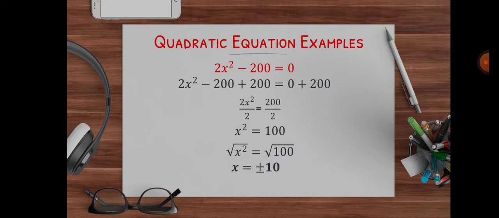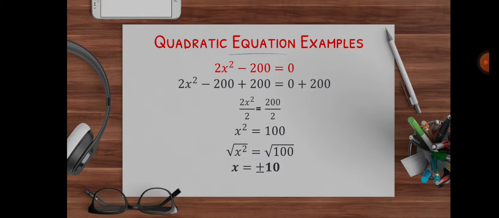Okay, next. The next step is to get rid of the degree, which is 2. How can we get rid of the square? What we are going to do is take the square root of x squared and 100, both sides, okay? The square root of x squared is x.